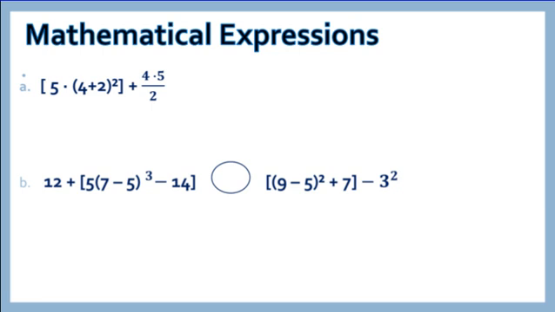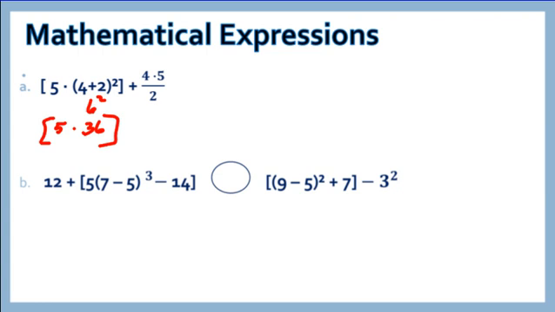A couple other examples here. We have in braces, 5 times 4 plus 2 squared, end brace, plus 4 times 5 divided by 2. Start with symbols of inclusion first, so inside out. 4 plus 2 is 6. 6 squared is 36. And then I have to multiply that by 5.